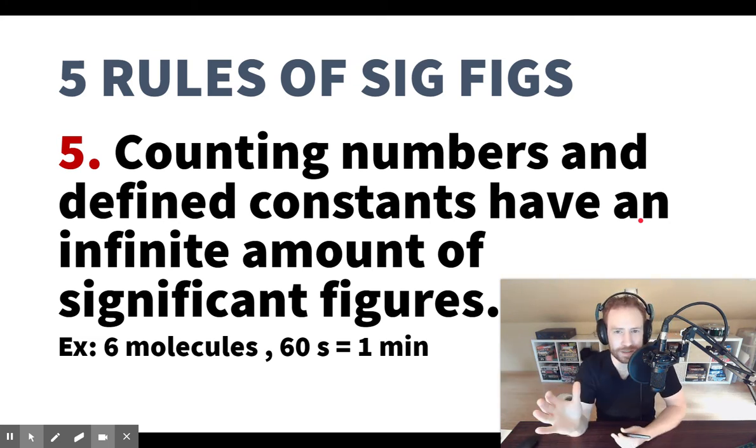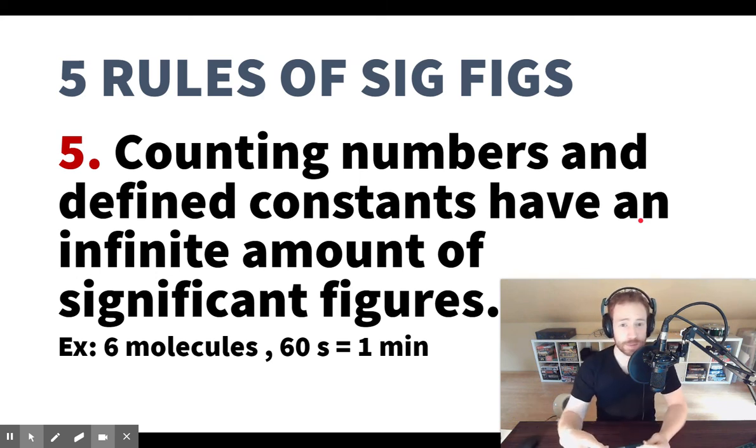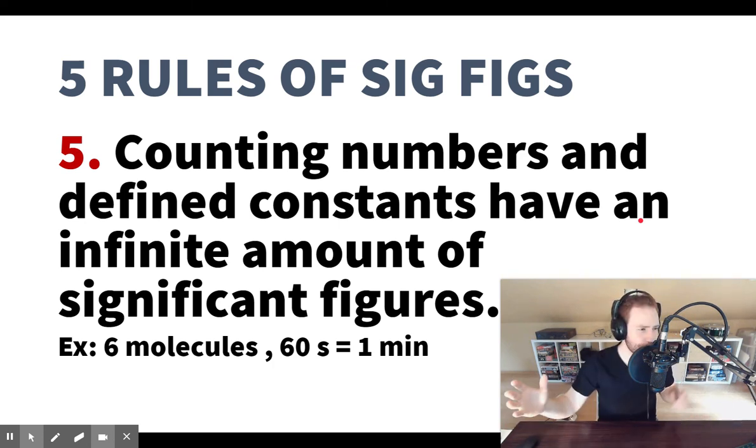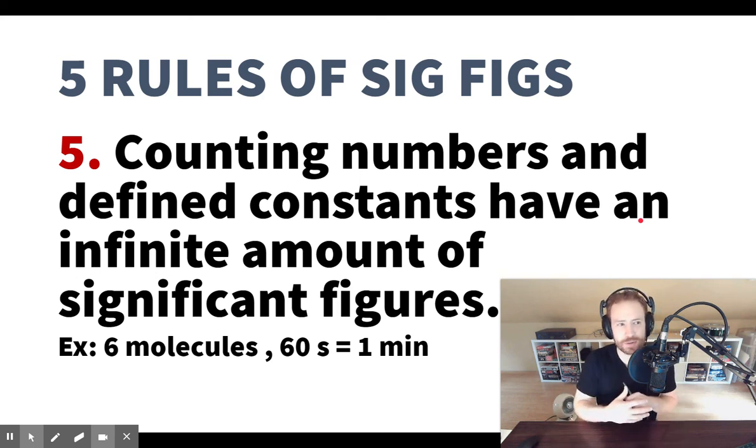There's no question about whether there's 8.1 puppies or maybe there's only 7.97 puppies. No, there's 8 puppies, right? You counted them. So when you count something by whole numbers, we don't say that only has one significant figure. We would say that has infinite significant figures because there's no question about how accurate that number is. It's a counting number. It's a whole number. So the rules of significant figures don't really apply.